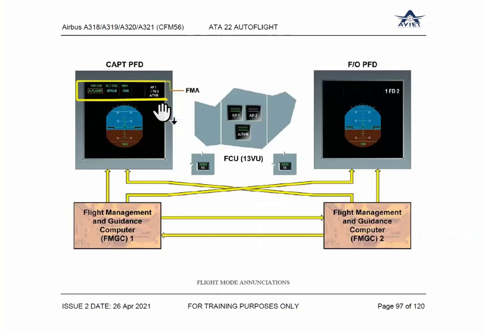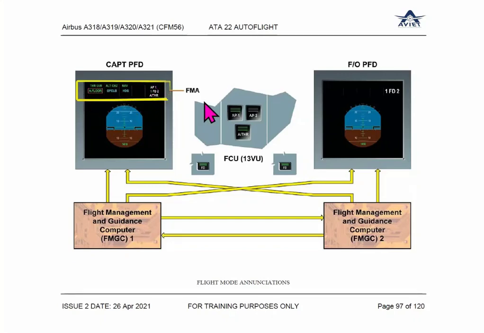FMA display. This is the FMA. I'll show you through the PPT. So FMA is the flight mode annunciator, which is on the top part of the PFDs.